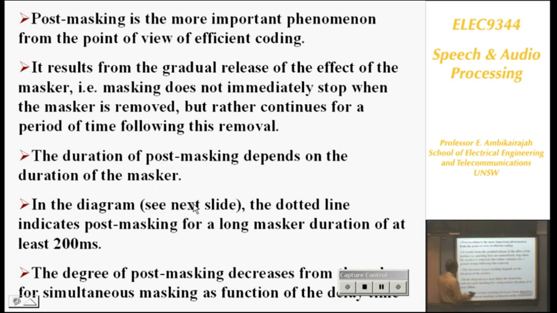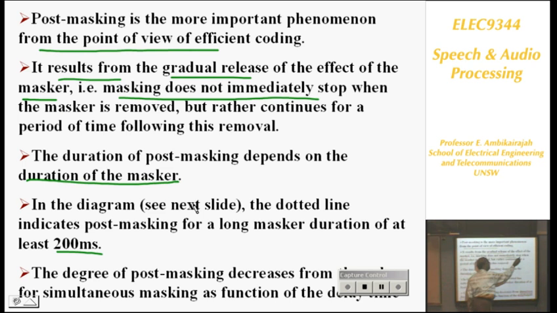So I have explained to you that post-masking depends on the duration of the masker, and it lasts for 200 milliseconds. That's the normal. So what is post-masking? Post-masking is the more important phenomenon from the point of view of efficient coding. It results from the gradual release effect of the masker. So the masker does not immediately stop.